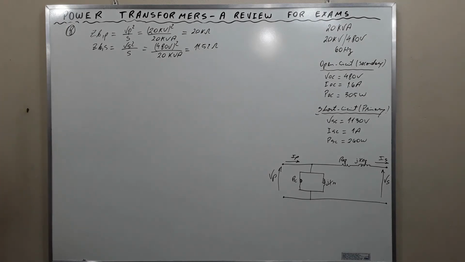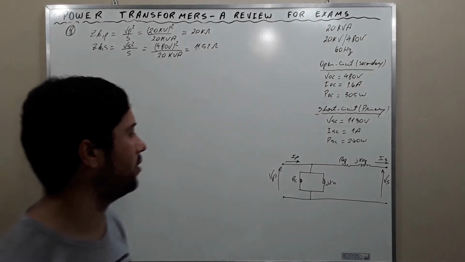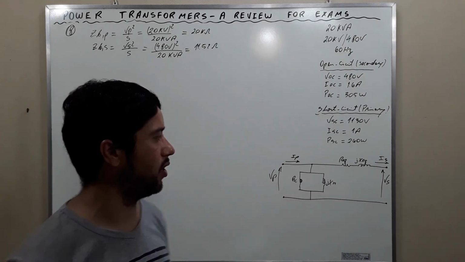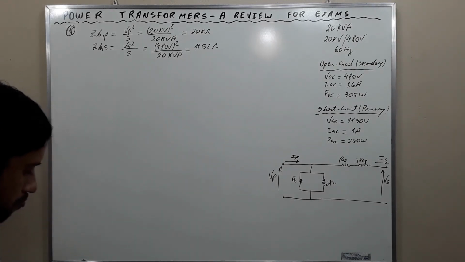Alright, these are our base impedances referred to the primary and the secondary side of this transformer. Now let's use these values here to find these parameters here of the equivalent circuit.